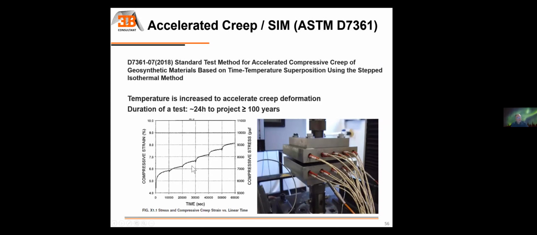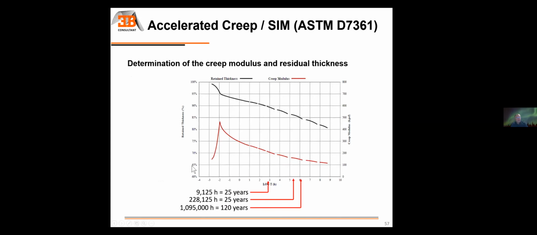And I'm not going to go into detail, but we can bring together all these numbers and develop thickness versus log of time relation to be able to project to, that should be 1 year actually, 25 years or 120 years.